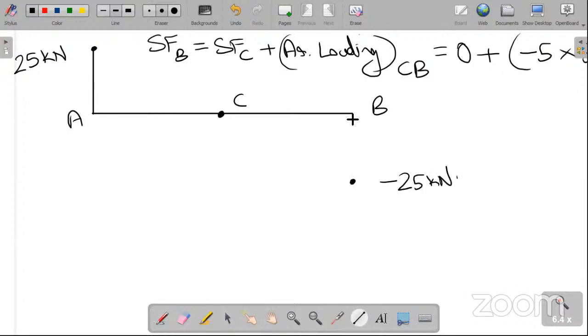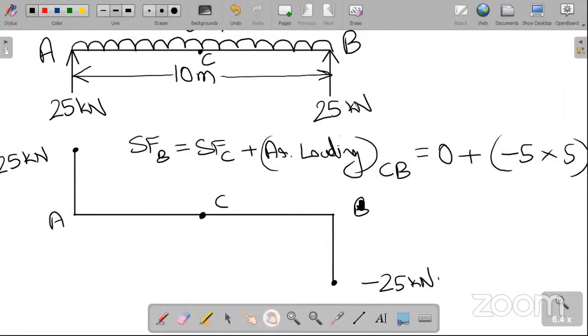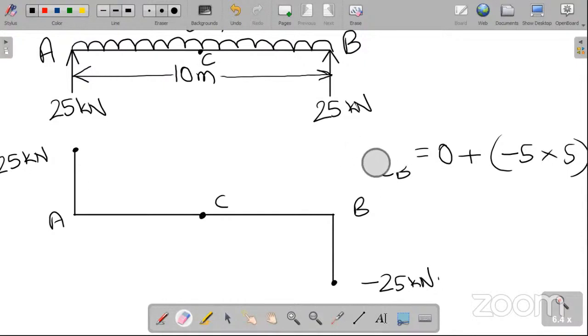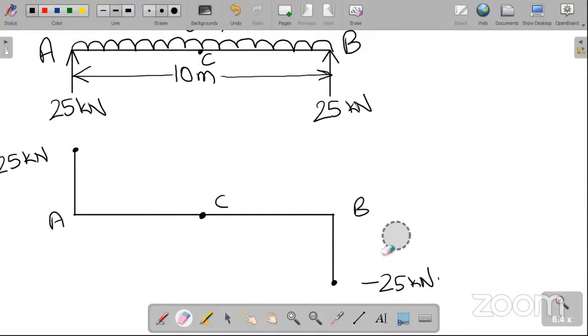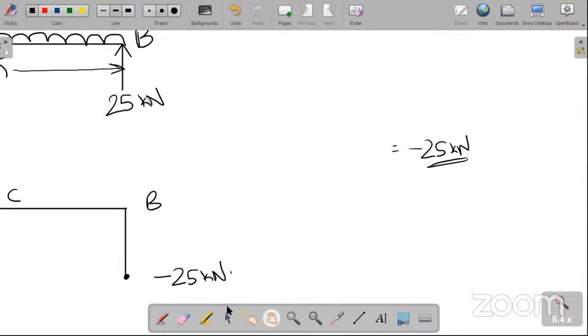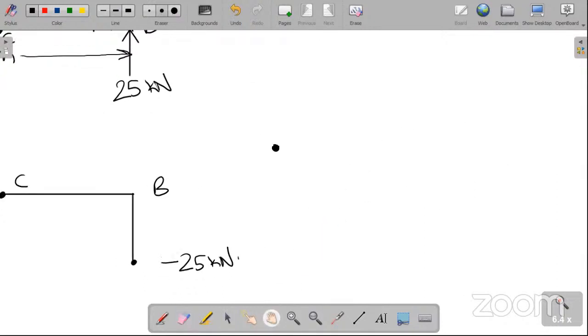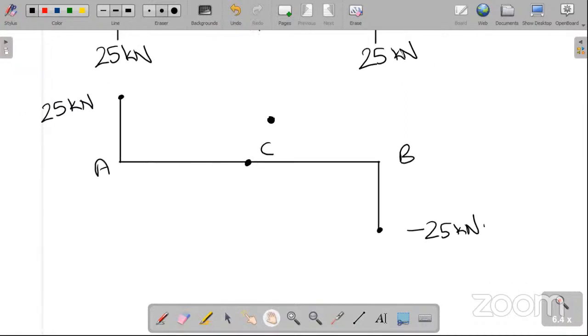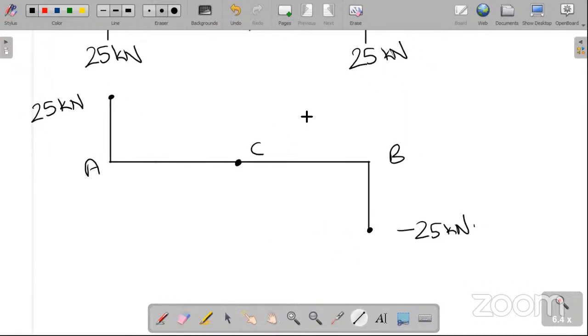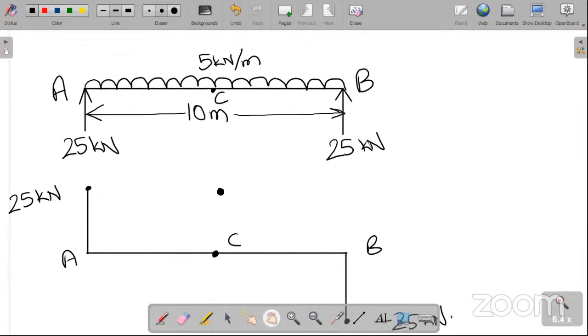And you can just join this point. Yeah, from some sign conventions also you can directly get that it is minus 25. But if you do these calculations, it makes your concept clear, like why you're getting these values. But now, how to join these points?